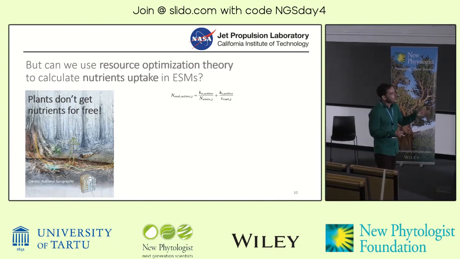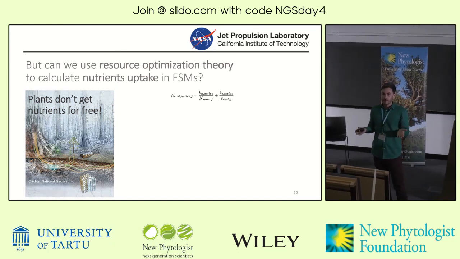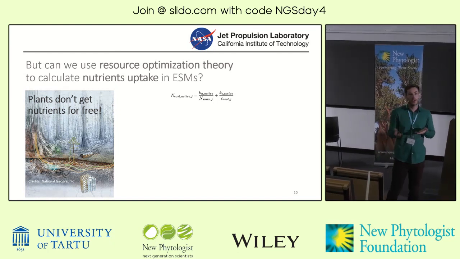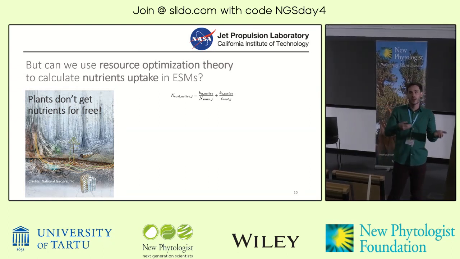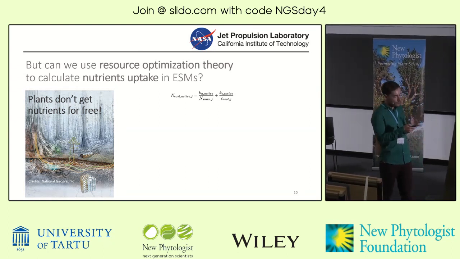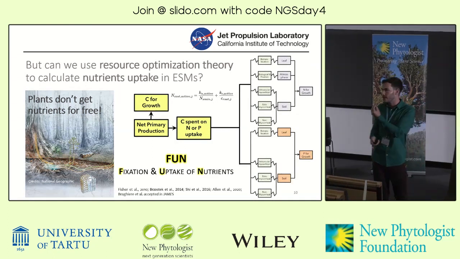And so we've been talking this week that plants don't get nutrients for free. They actually associate with other living forms that will scavenge nutrients for them. And so we really think of carbon as this currency of plants.